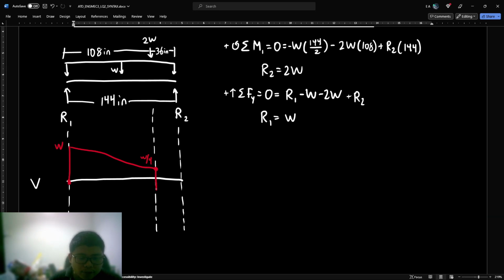Then go down again abruptly to negative 7W over 4, uniformly go back down to minus 2W, and then go back here. So you can see we have two areas, A1 and A2.